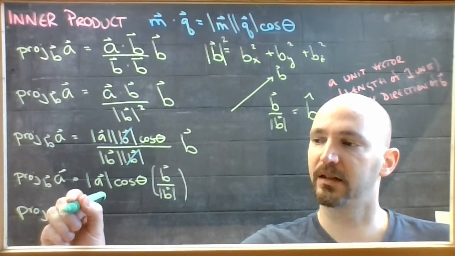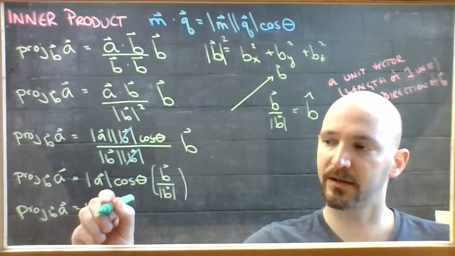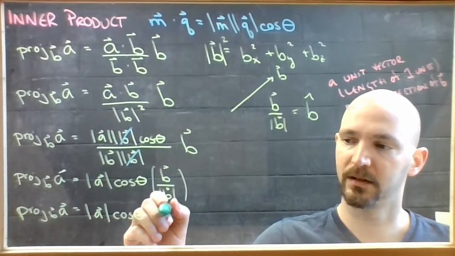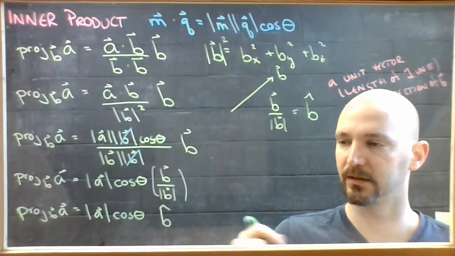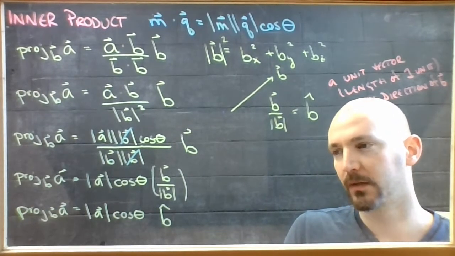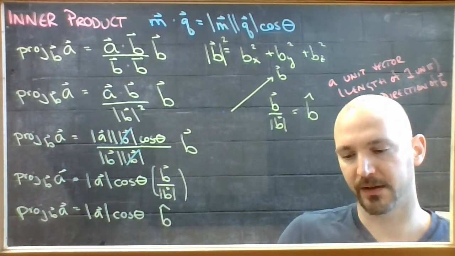Projection of b a is the magnitude of a cos theta times a unit vector in the direction of b. So I'm gonna draw this for you.